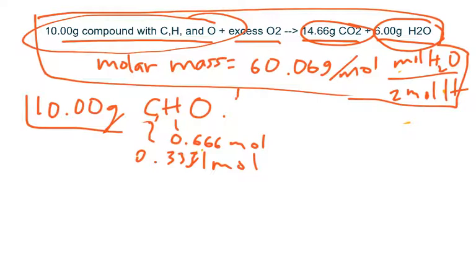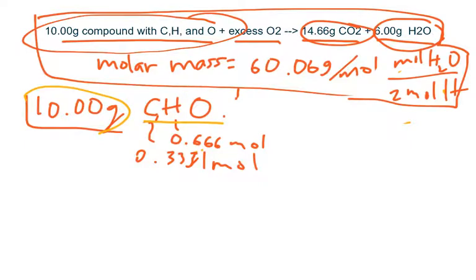So let's think about this. We know that there are 10 grams total of this CHO compound. But we can figure out the mass of O inside the compound, or even better, the moles of O inside the compound. How can we achieve that? Well, we could think about mass composition.